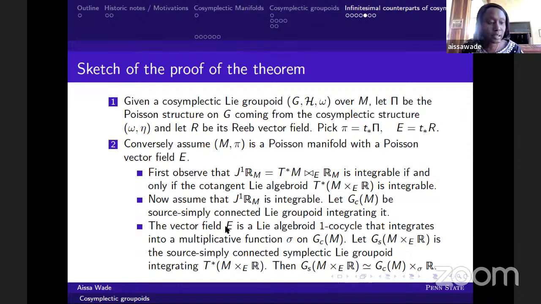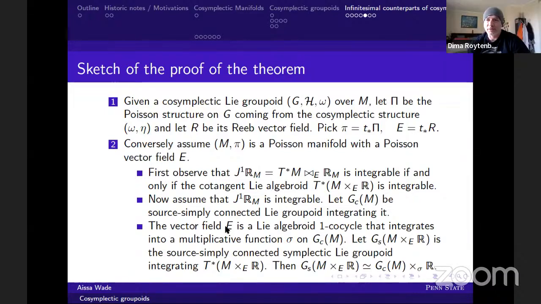Contact structures satisfy very different kinds of differential equations. What would be the integrability condition for the two-form? Contact is not integrable. It's completely not integrable.